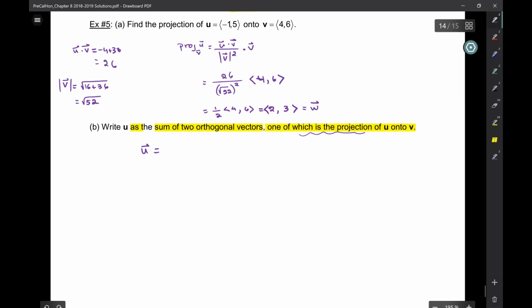One of it has to be this projection. What letter did I give the projection? W. So it has to be W plus some other vector Z. Okay? So what is vector U? It's -1 comma 5. And I have to write it as vector W plus another vector Z.